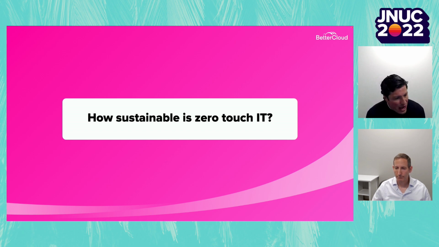So there's no IT team in the world that can maintain all those applications, making sure that we're handling all the compliance, making sure that people are servicing those needs of the companies. We have to move to this kind of zero touch philosophy. So it's really not a question of if it's sustainable. It's really a necessity that we have to do this in order to sustain in the future.